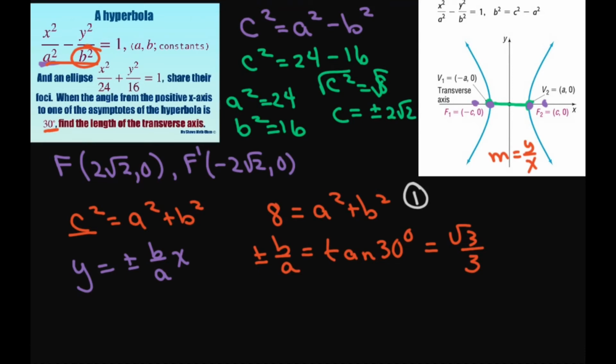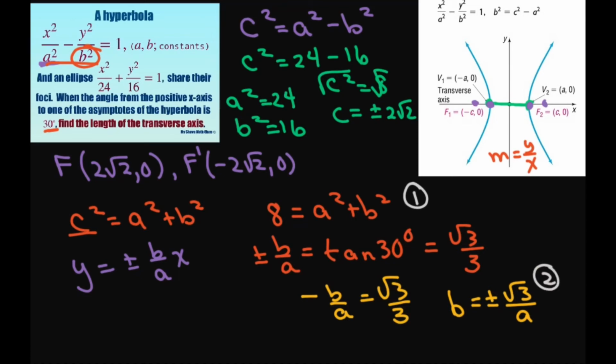Therefore, if we have b divided by a equals square root of 3 divided by 3 and you solve for b, you get b equals plus or minus square root of 3 divided by 3 times a. I'm going to call that equation 2. The next step is to substitute my b from equation 2 into equation 1.